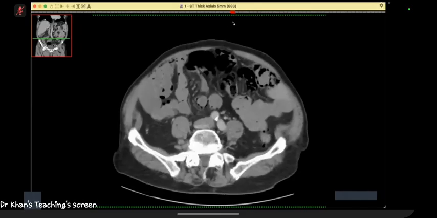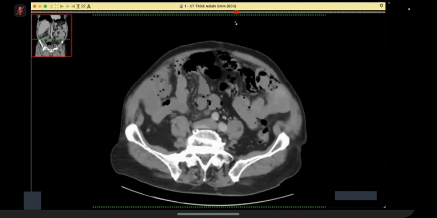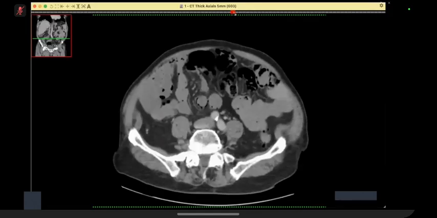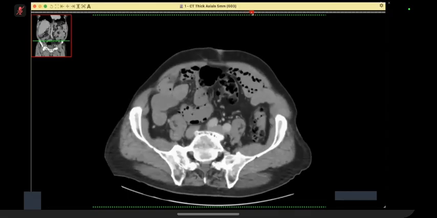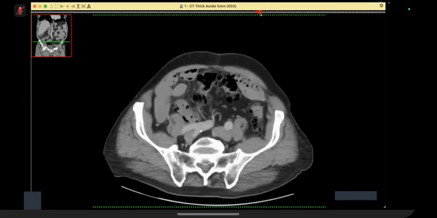There's a loop of small bowel centrally, which shows evidence of pneumointestinalis, probably distal ileum, proximal ileum or jejunum, and surrounding fat stranding. I'm just going to trace that and see if there's any further extension of this.